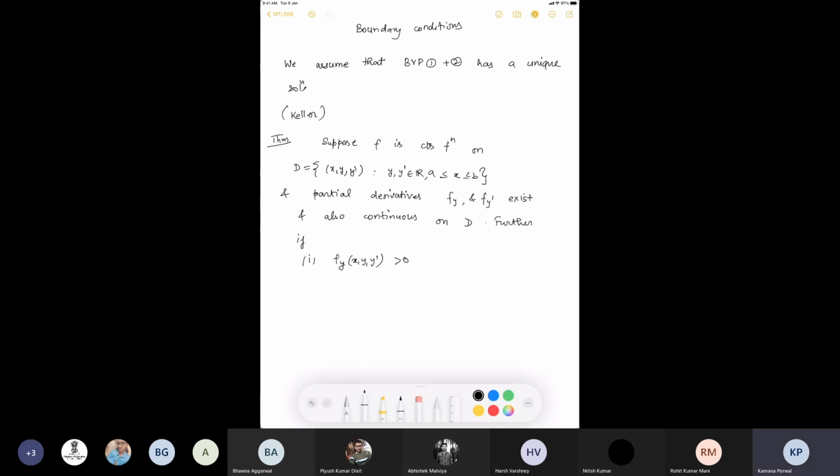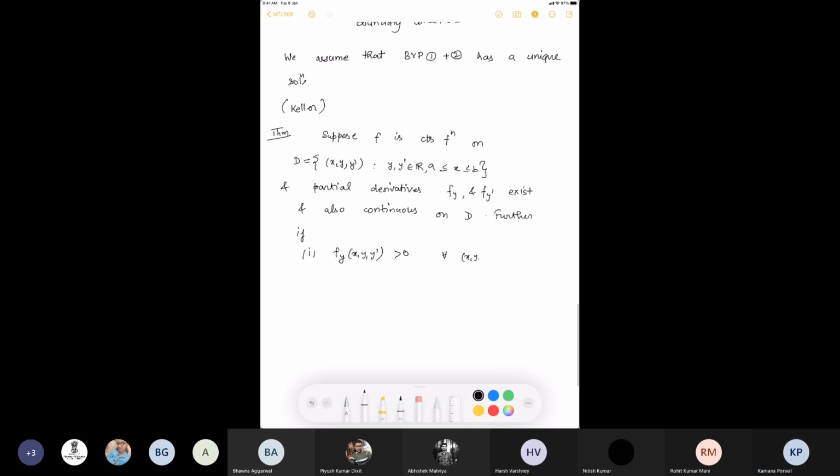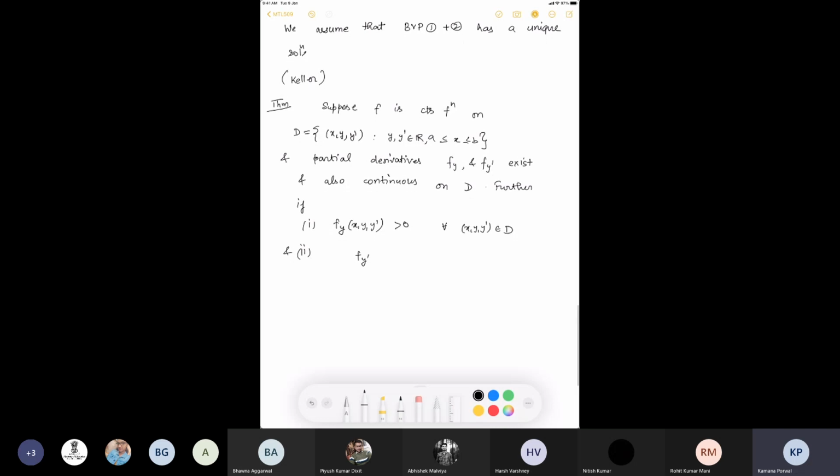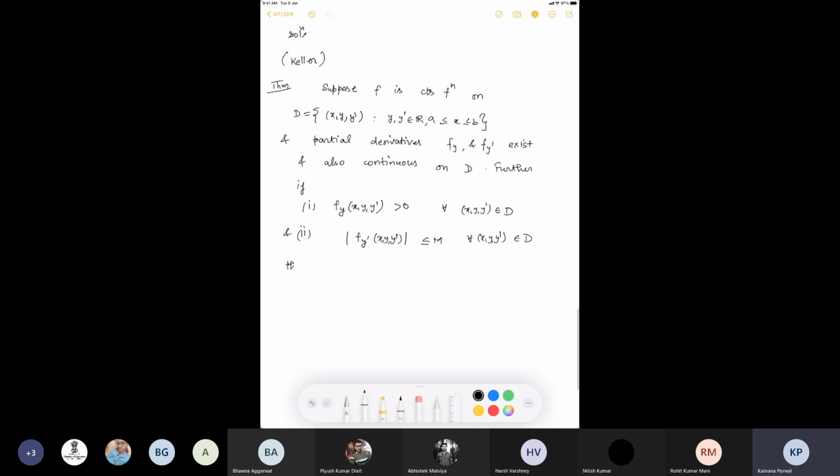If this is strictly positive for all these points belonging to D, and the second condition we require is that the partial derivative of f with respect to y prime, that is the third argument of the function f, is bounded, then the boundary value problem given by 1 plus 2 has a unique solution.